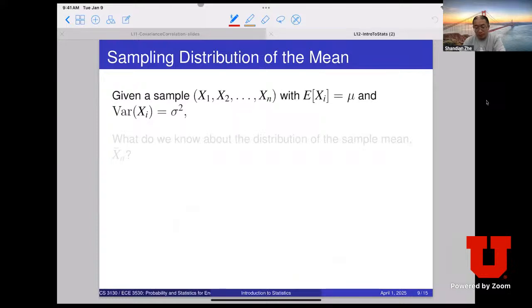So let's look at an example. Suppose you're given a sample of size n, which means it consists of n IID random variables, X1, X2 to Xn. And we know the expectation of each random variable Xi is mu, and the variance of each Xi is sigma squared.